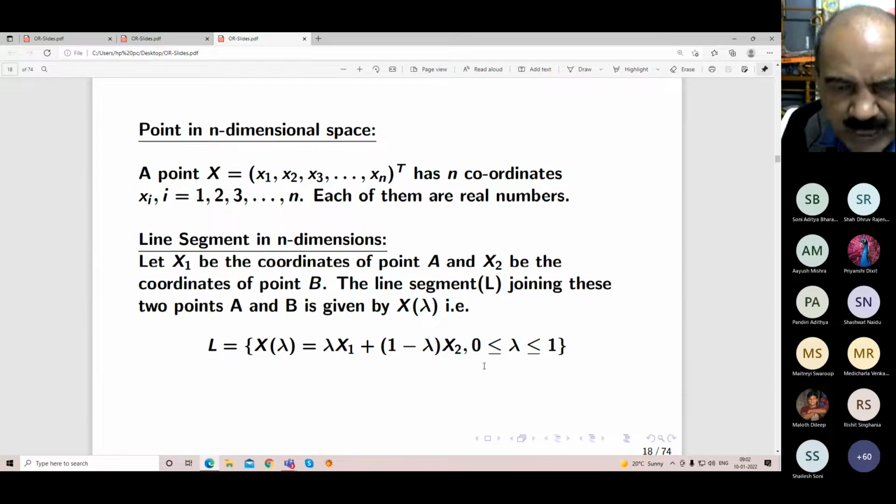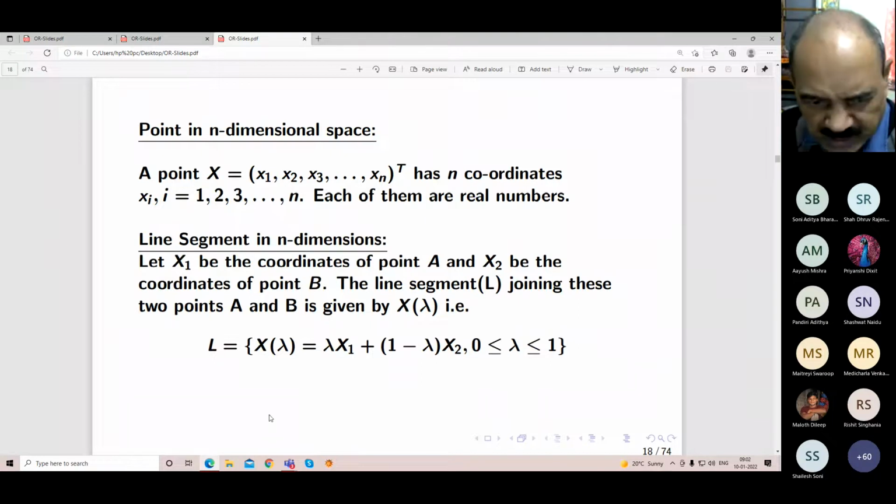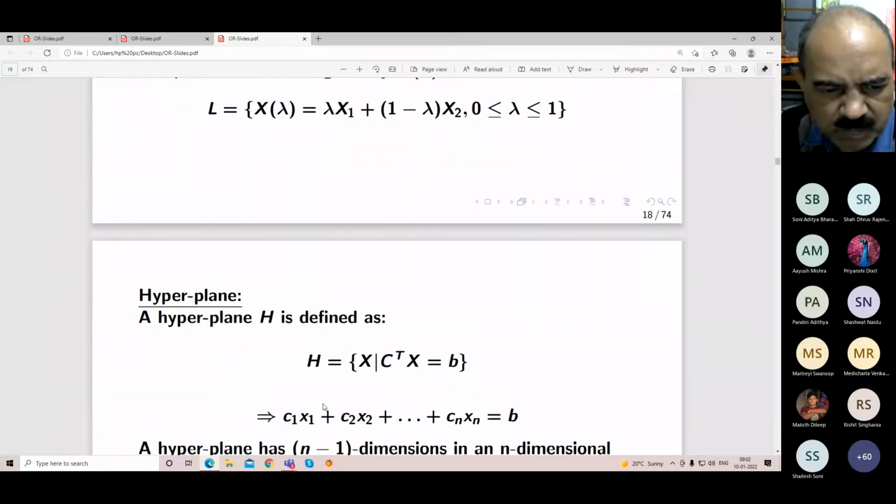In that case you will find an infinite number of optimal solutions. This we will repeat when there is some numerical example. So this definition I will repeat.